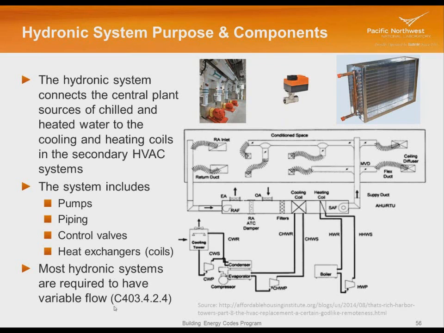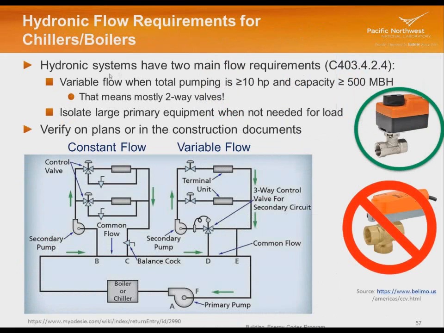So most hydronic systems are required to have variable flow. In other words, we want to vary the flow so the pump isn't doing the same work it needs to do at design. In fact, there's two main flow requirements. We need variable flow when the total pumping is greater than or equal to 10 horsepower. So if all the heating water pumps in the system total more than 10 horsepower, then yes, I need to do it.